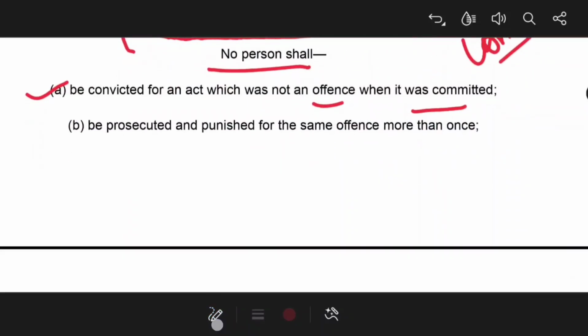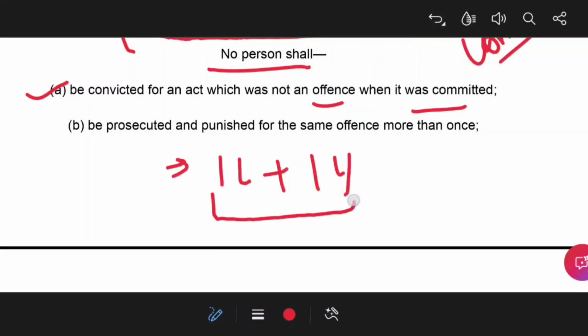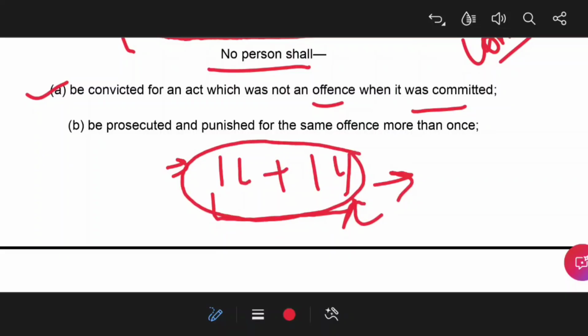Now let us understand this clause with an example. Suppose at present there is a law for an offense, that you will be charged 1 lakh rupees plus 1 year punishment. These are the punishments at this time. If you commit the crime now, the punishment will be that you have to pay 1 lakh rupees plus spend 1 year in jail.